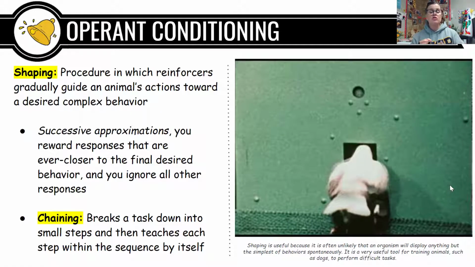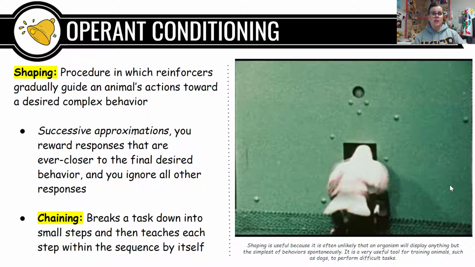A couple other terms relate to operant conditioning. One of them is shaping, and this goes right along with the example I gave at the start of this video about responding to the applause. The more applause I get, I think I'm closer. It's a procedure where reinforcers gradually guide an animal's or a person's actions toward a desired complex behavior.